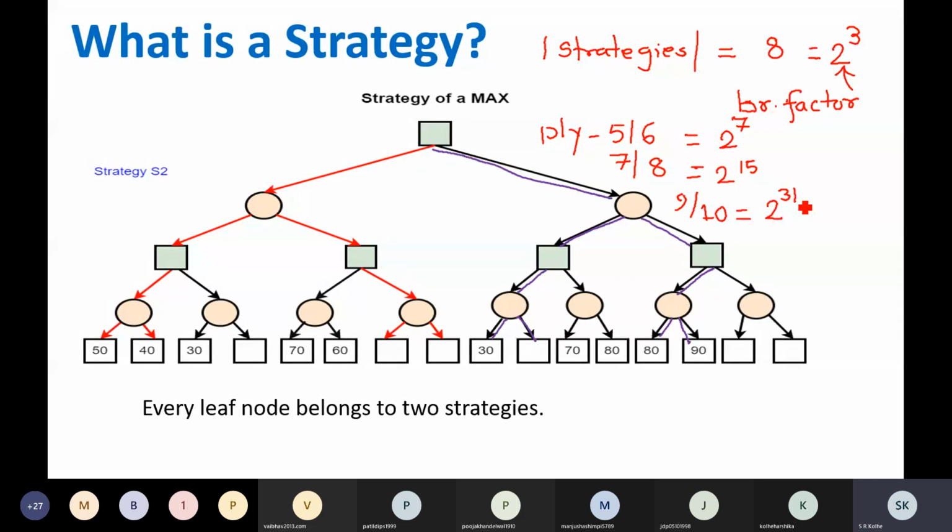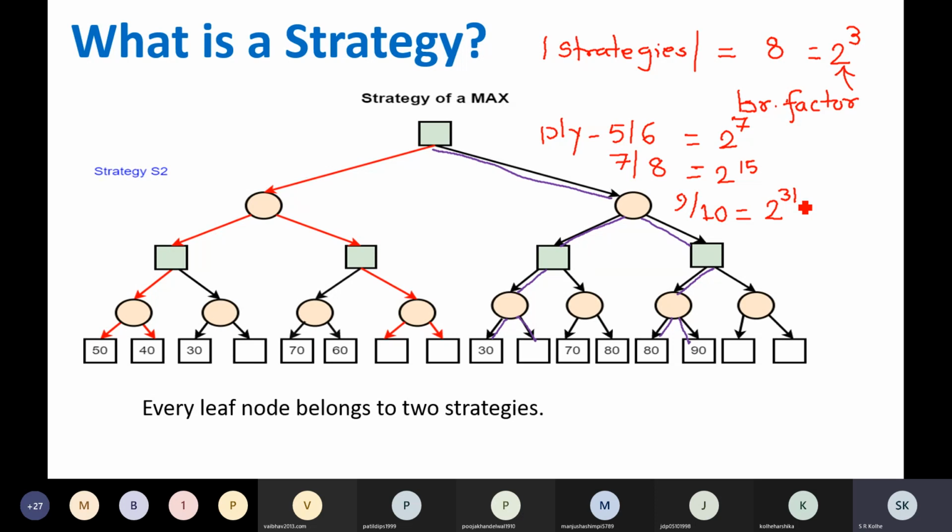So number of strategies, if your branching factor is suppose 2, then that will be 2 raised to, if 5 ply game tree is there, so 2 raised to 7 strategies will be there.